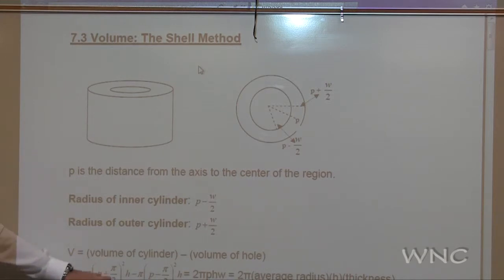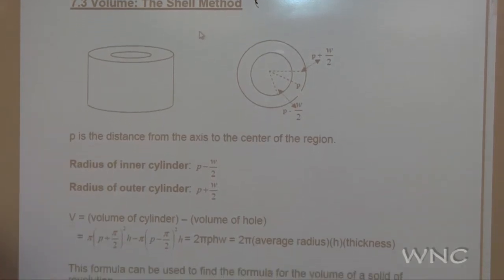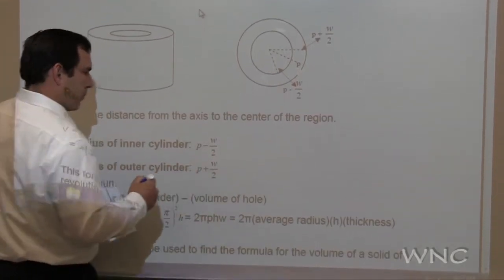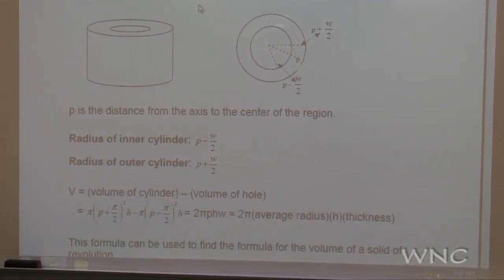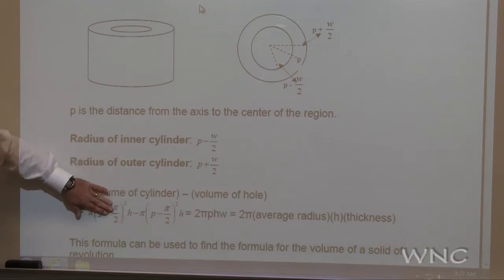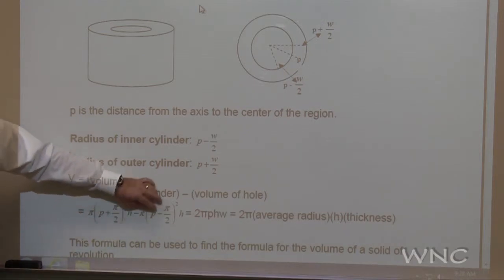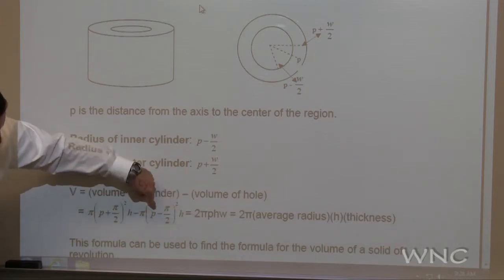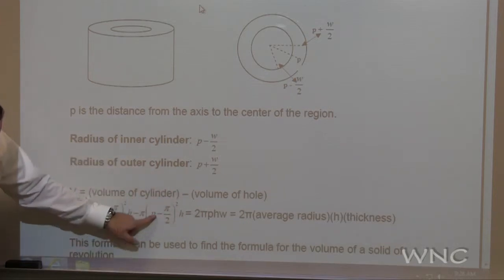That volume of the cylinder is p plus w over 2 squared times h, so you have pi r squared h, the volume of the cylinder, minus pi r squared h, with the inner radius p minus w over 2. I think that w is supposed to be a pi, I think it didn't come out right.